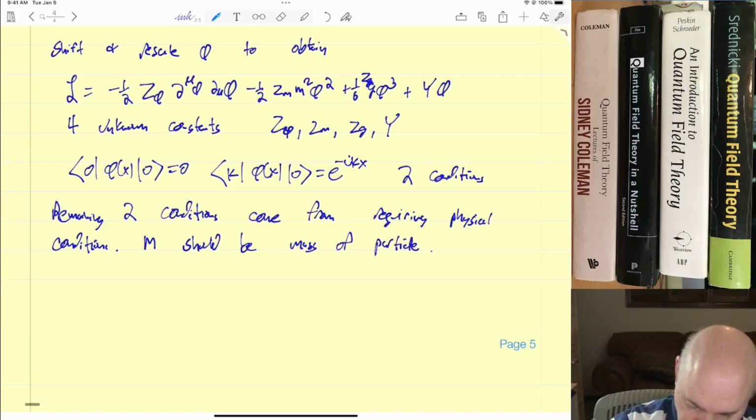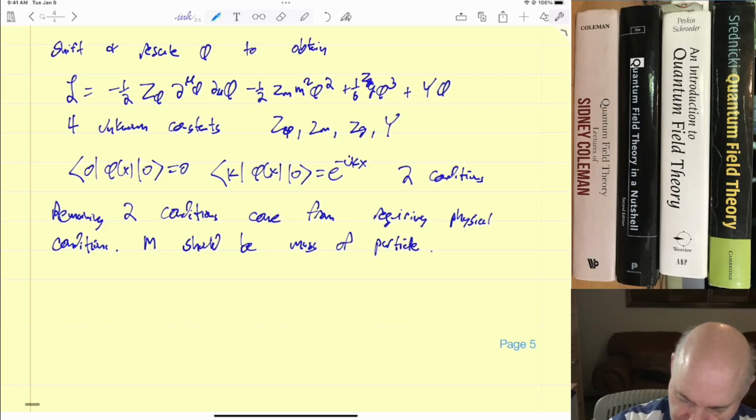So we want the mass m to be the mass of the particle. The way this works, and we'll see this in future lessons, is we're going to compute the mass in perturbation theory. It's going to be a whole mess of all these constants and the parameters, and then we're going to set it equal to m, and that gives us another relationship between these constants.